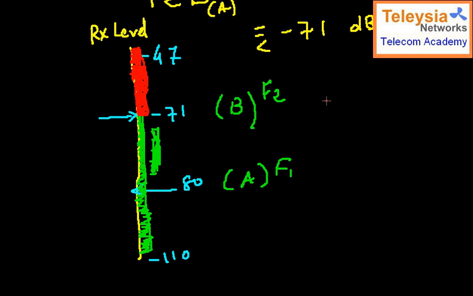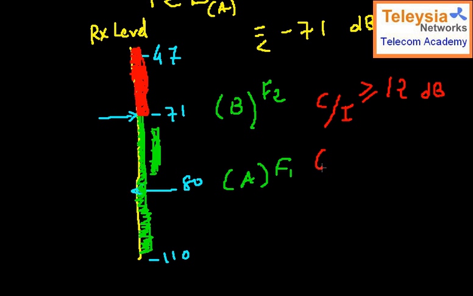Remember this: the co-channel, which we call C by I, is the same frequency coming from other cells at a far distance, and should be greater than a limit, if you can maintain it. Nowadays it is not always possible as sites are very close by, and the inter-site distance is not much more than 400 or 500 meters, or even less than 300 meters in metro towns or dense cities.